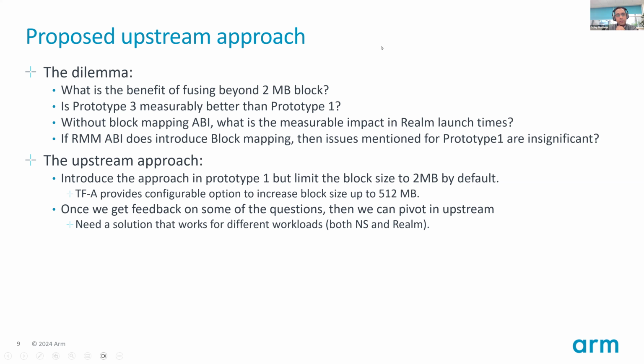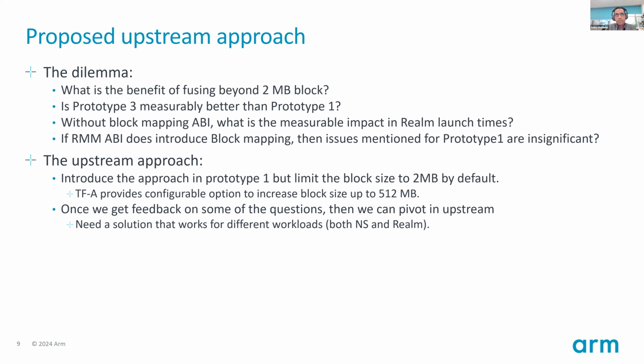Now, what is not clear to us is what is the benefit of fusing beyond 2 MB. We know that there is certainly a performance benefit in fusing to 2 MB, but it is not clear to us what is the benefit of fusing beyond 2 MB.